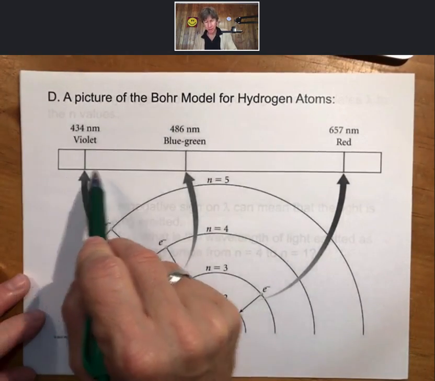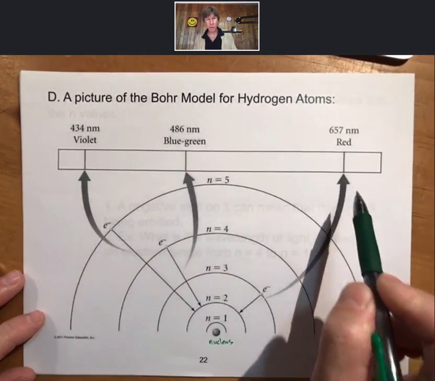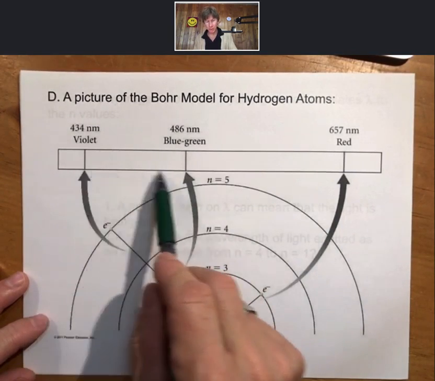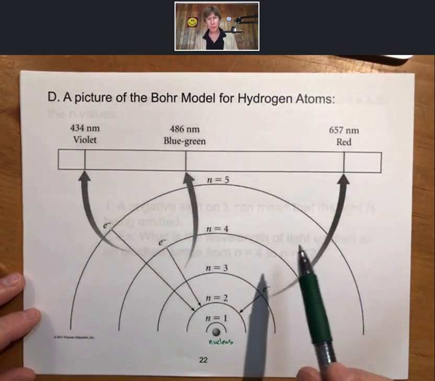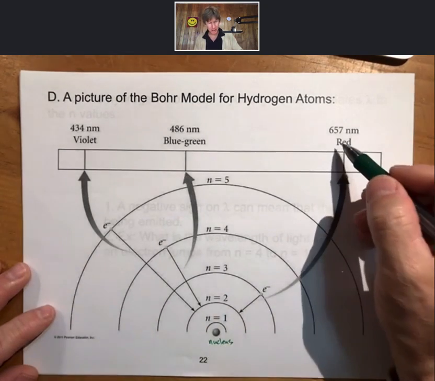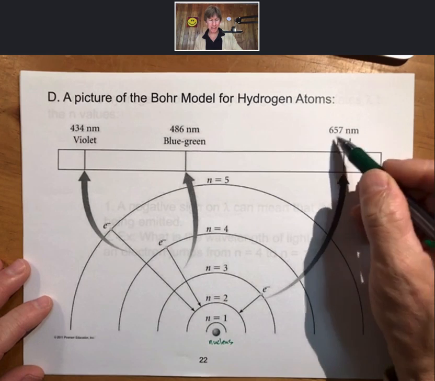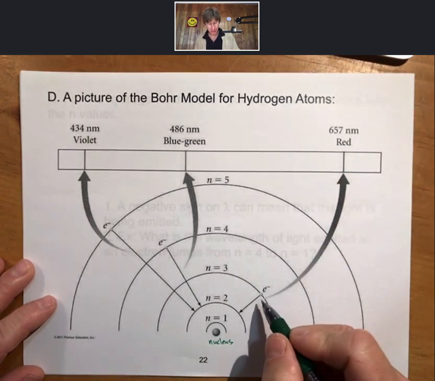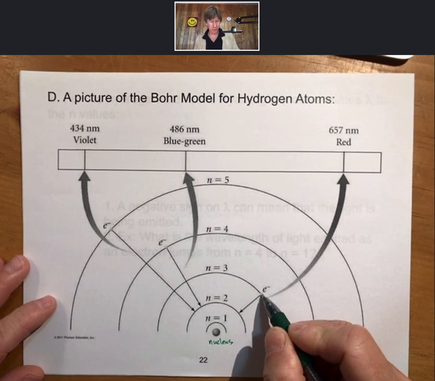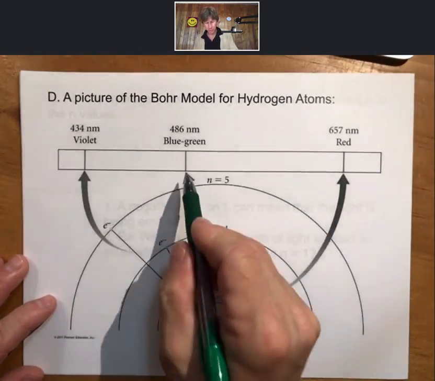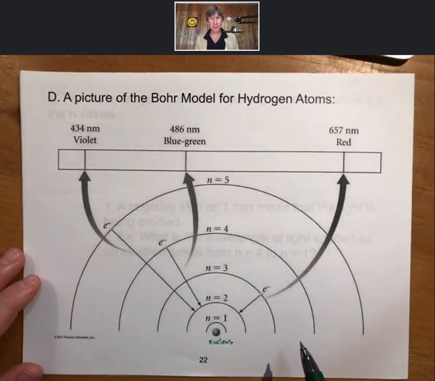that it has been shown that, and we will be able to show, that the energies of the 4 colors, 3 of which are shown here, correspond to an electron jumping, well, for 657 nanometers, that's going to be the lowest energy, longest wavelength, corresponds to an electron jumping from n equals 3 to n equals 2, as we will see. Bigger jumps will be higher energy and shorter wavelength.